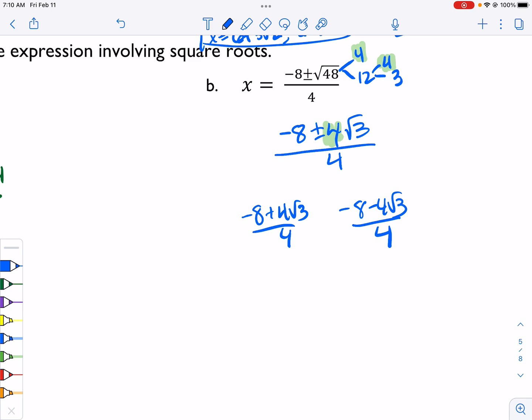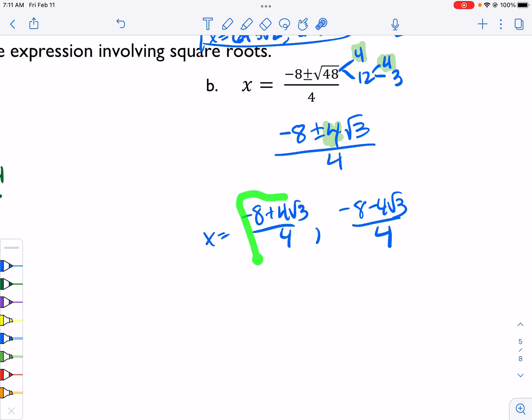Okay. So when we're looking at these, we can't simplify this anymore because this one has a root and this one doesn't have a root. However, I do see that all of these have a common factor of 4. So remember that our variable, or our root, acts much like a variable. So that's why I'm not worrying about what's underneath the root to simplify with the number that's on the bottom.